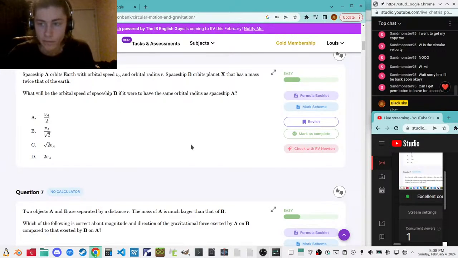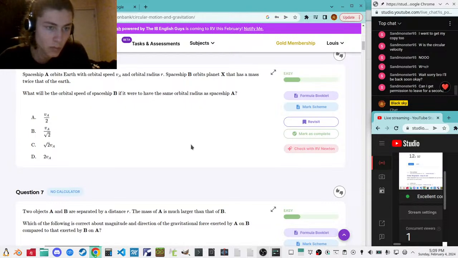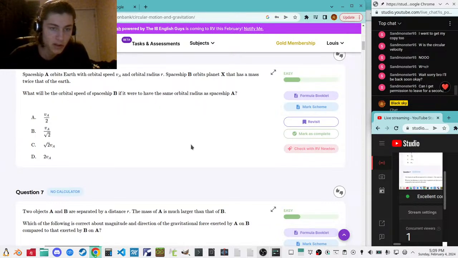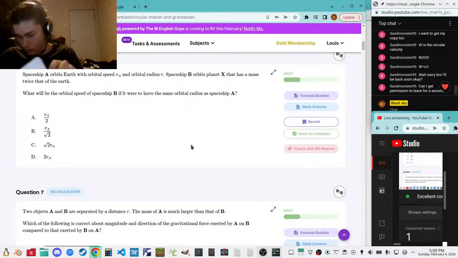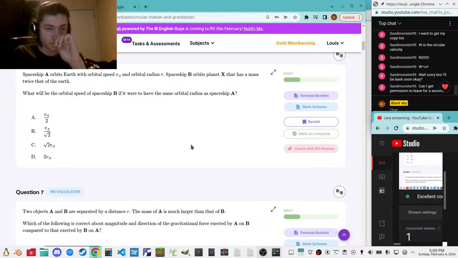Spaceship A orbits Earth with an orbital speed VA and an orbital radius R. Wait, is this HL? No, it's not. So I don't have to worry about the HL orbital things.